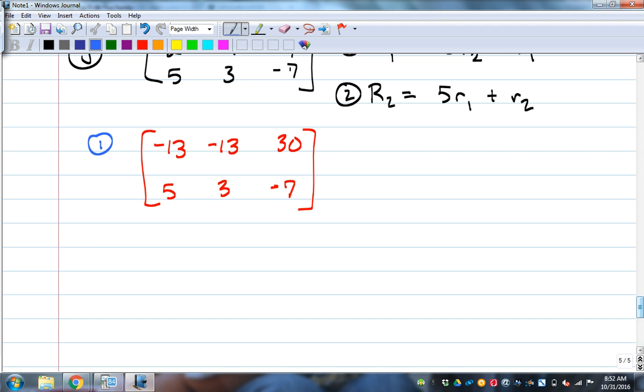Now for row operation number 2, copy down the first row because it's not changing. Row 2 is what's changing on that second operation. Okay, so I'm going to copy down -13, -13, 30.